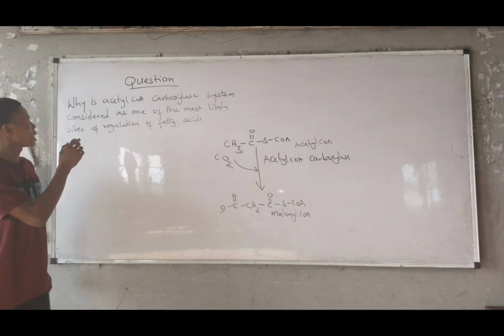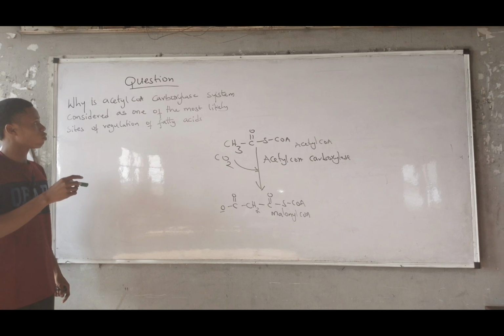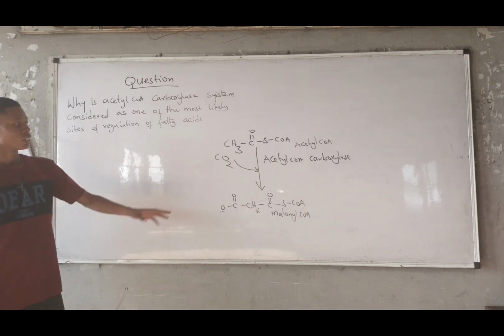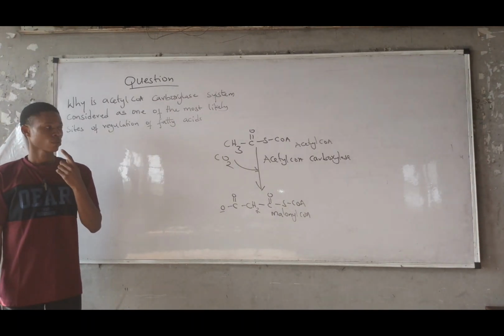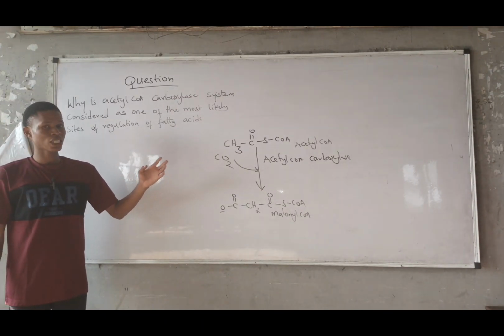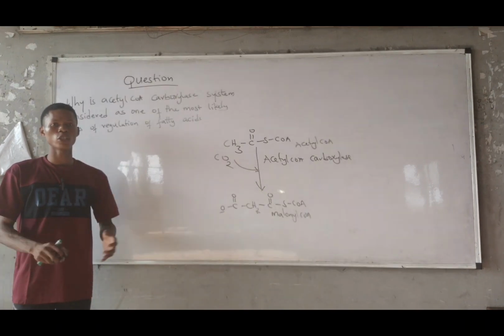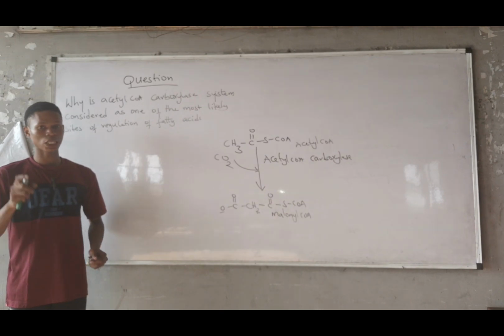Now, this is a rate limiting step in fatty acid synthesis. Acetyl-CoA carboxylase catalyzes the limiting step, the committed step. You can call it either the rate limiting step or the committed step in fatty acid synthesis.